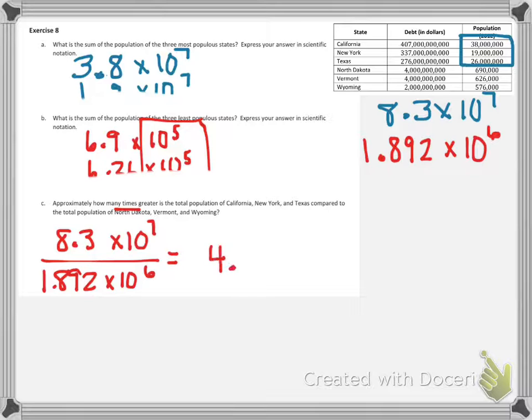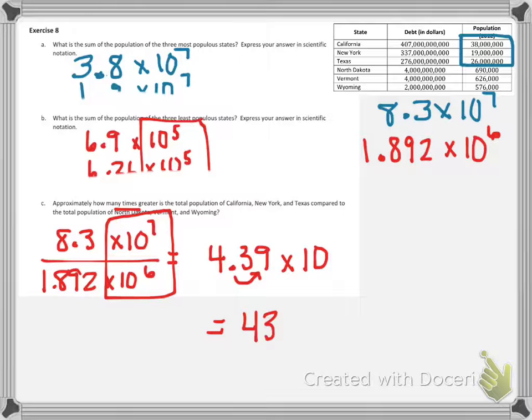So approximately 4.39 times 10 to the 7 minus 6. Since that's division, I subtract, so times 10 to the 7 minus 6 is just times 10. And that means that to get my answer, I'll just move this decimal 1 place back, and I get 43.9 times greater, the population of the greatest populous states versus the least 3. Okay.